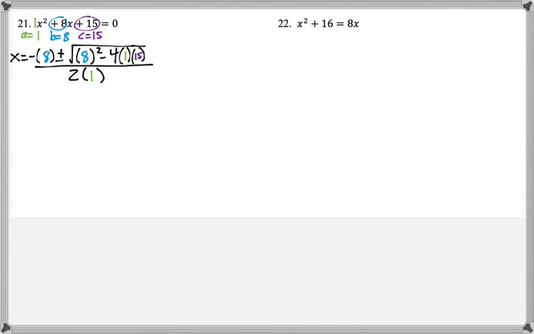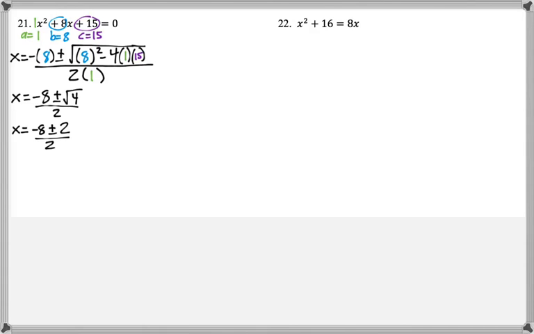Now I want to simplify. So x is equal to negative 8 plus or minus the square root of 4 over 2. So the square root of 4 is 2.